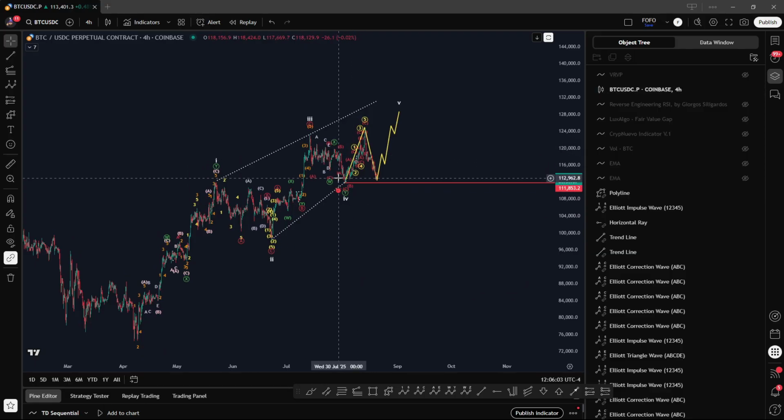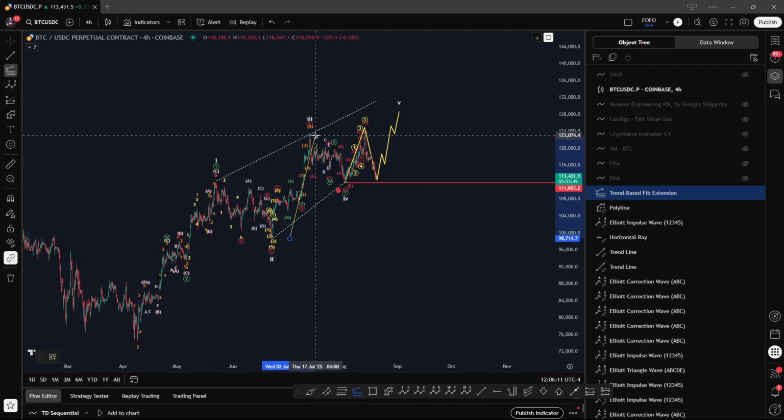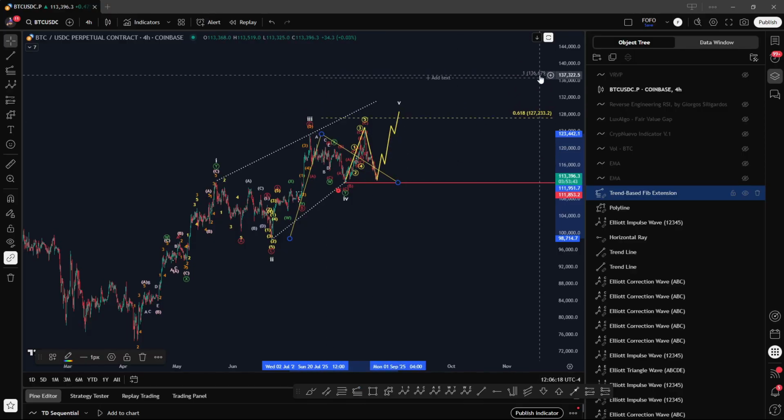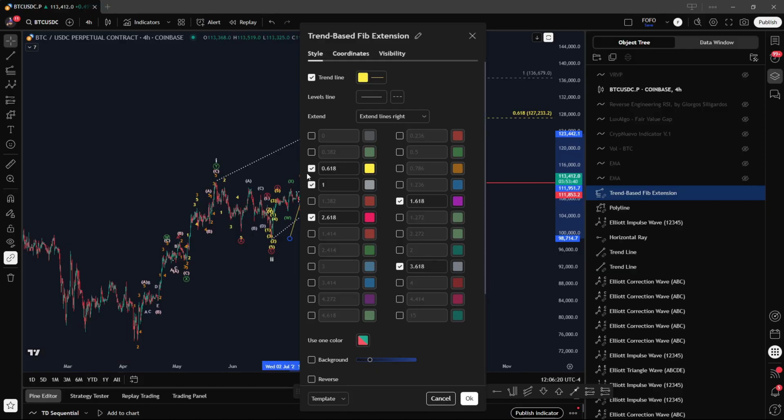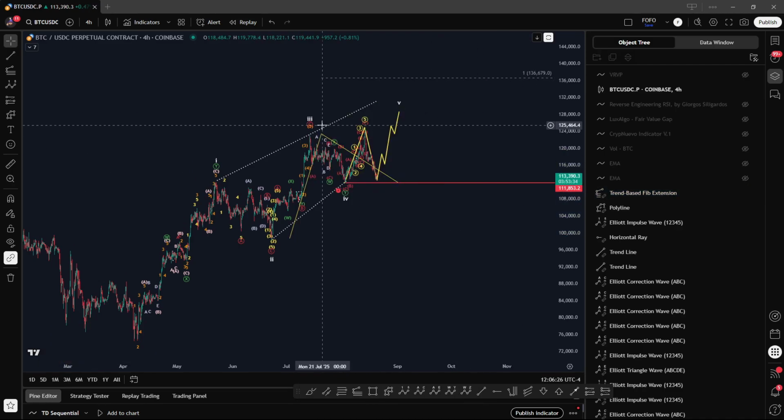So if that's shorter, then 5 must be shorter than 3. That's the rule. So now we just need to measure 3. And thus far, okay, here's the one we're looking at. I'll just turn off all this other garbage so nobody's confused. There, now we're just looking at the 1.